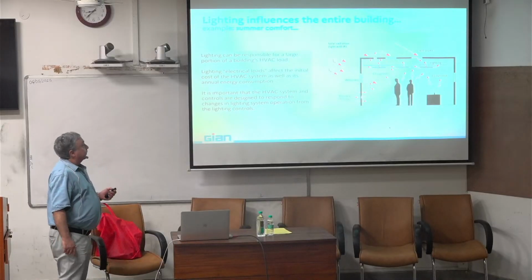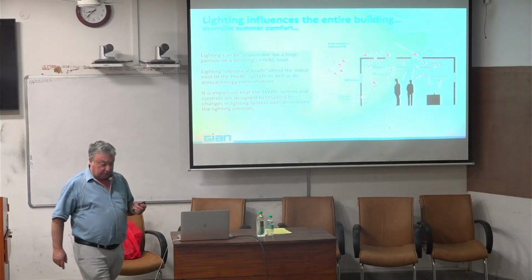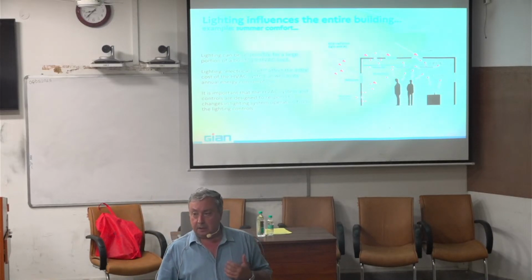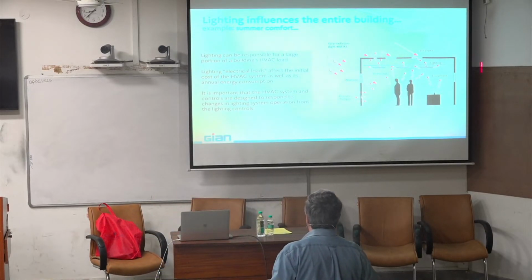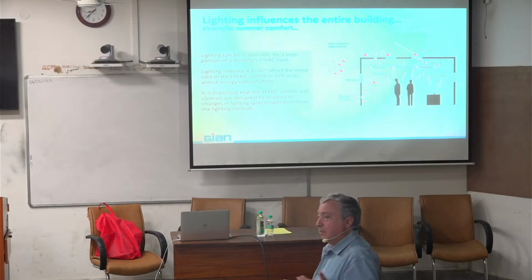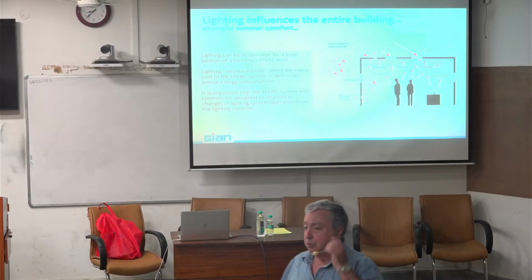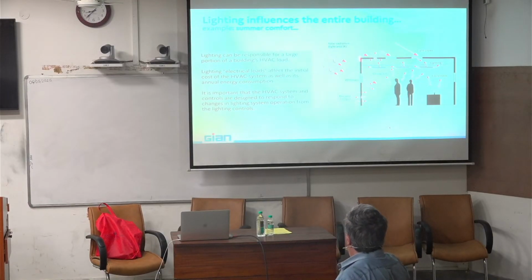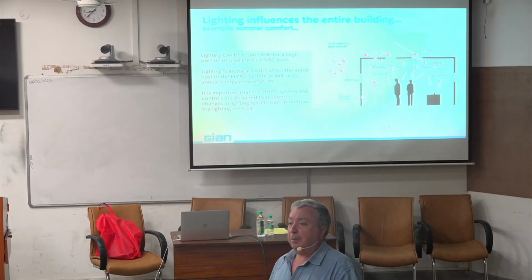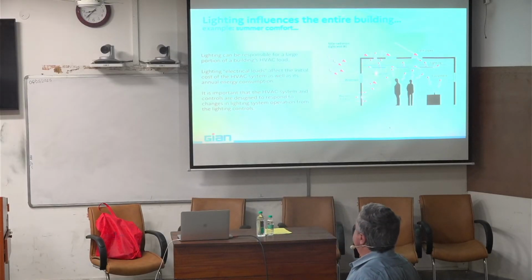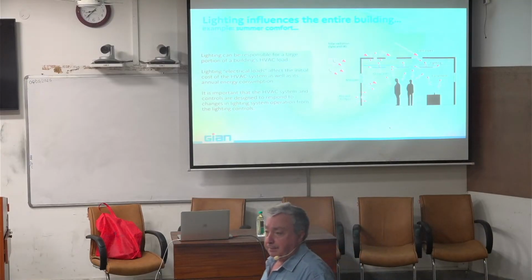Well, how does lighting influence the whole building? And now you understand why blinds are very important, because when you have a place that is occupied by humans for a given activity, then you have openings, can be windows, can be doors, can be roof openings, roof lights, and of course you have also artificial lighting inside, you have lamps.